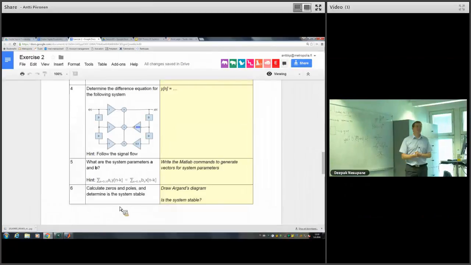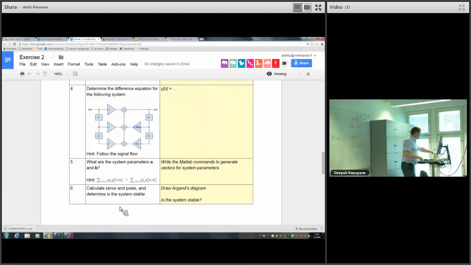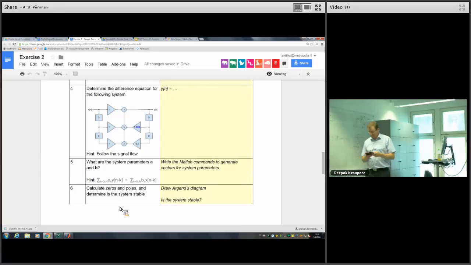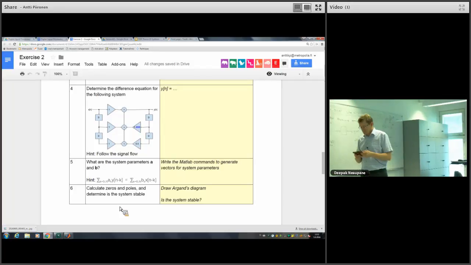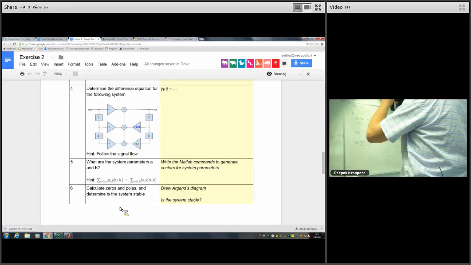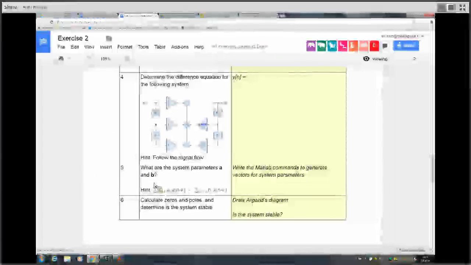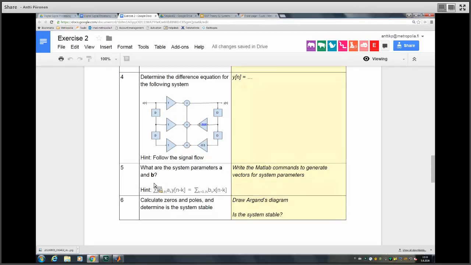Determine the difference equation for the following system. Okay, more space.